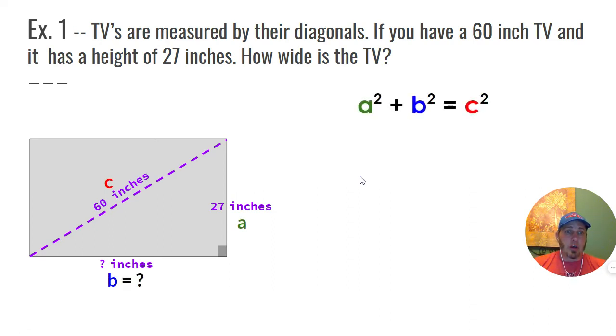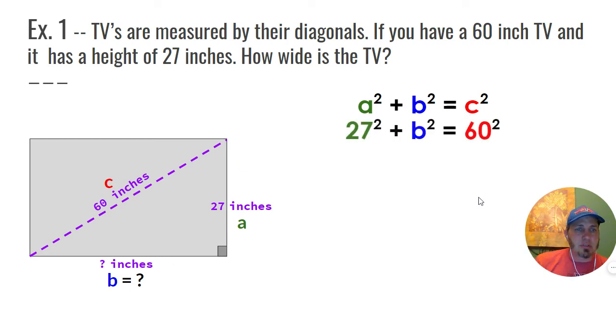I'm going to be figuring out what is the base, the bottom. So a squared plus b squared equals c squared. And c is the length of the hypotenuse. So right here where c is, guess what, I'm going to put 60. 60 squared. A is 27, so 27 squared plus some number squared equals 60 squared.